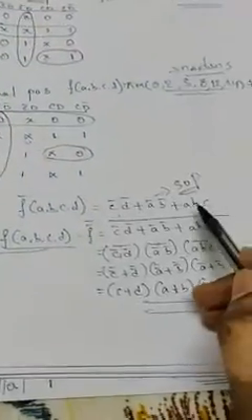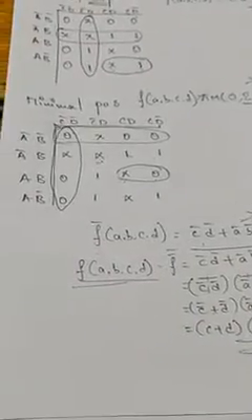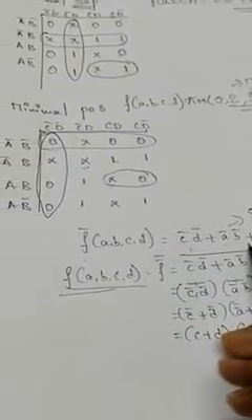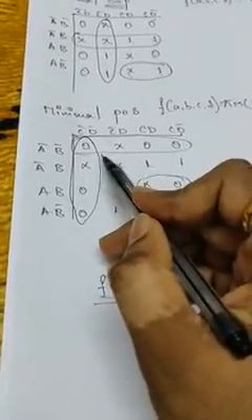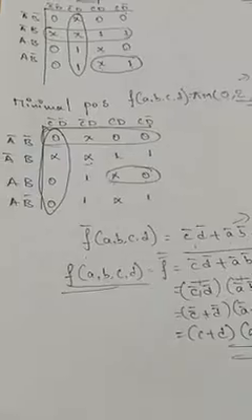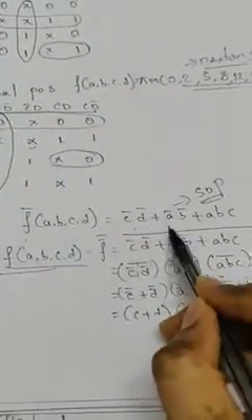After grouping zeros, the expression which you get is SOP, not POS. You might ask, sir, we have grouped zeros, but you're still telling us the expression we got is SOP. Yes, you might have grouped zeros, but look at the format of the expression.